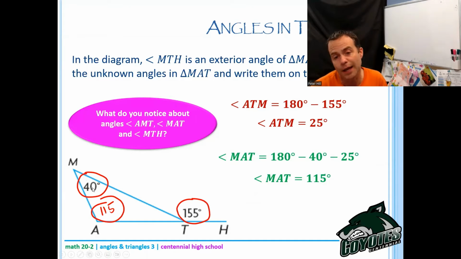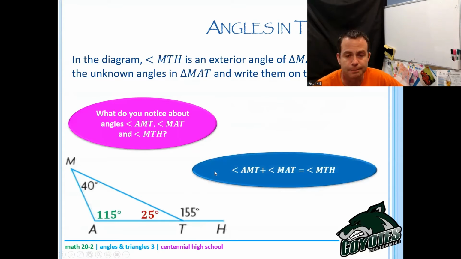So the two angles that are not adjacent to the exterior angle, when we add them together, will actually equal what the exterior angle is. So we are noticing that angle AMT plus angle MAT equals angle MTH.